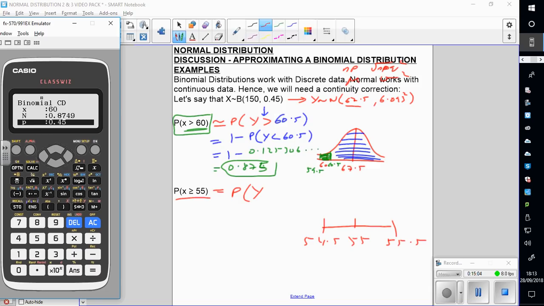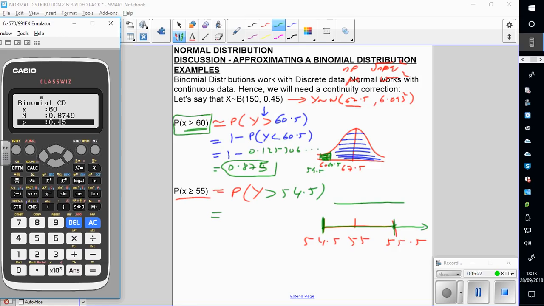So if we are saying bigger than or equal to, then it's got to include the whole number 55, doesn't it? Because it's at least. So this is bigger than, because normal distribution, there is no equal to, remember? This must be bigger than 54.5 because it includes the whole of it.